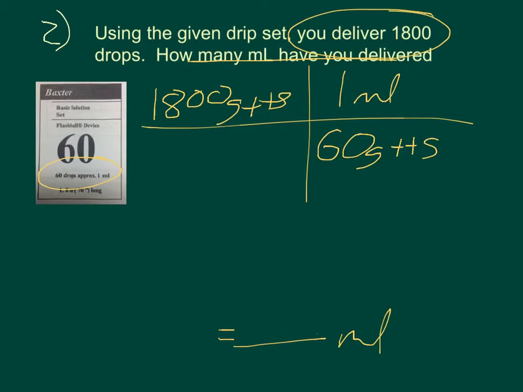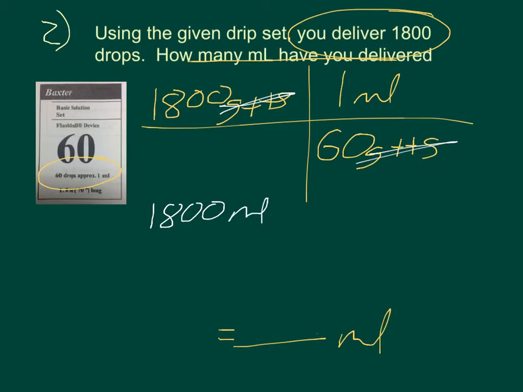So that 1 milliliter is 60 drops. So now I can start trying to cancel things. Remember, top to top we can't do, top to bottom we can, so I can get rid of this drop for this drop. I only have 1 milliliter, so the milliliter stands, which is good because that's what my answer is.